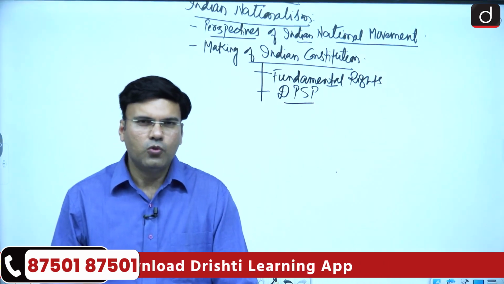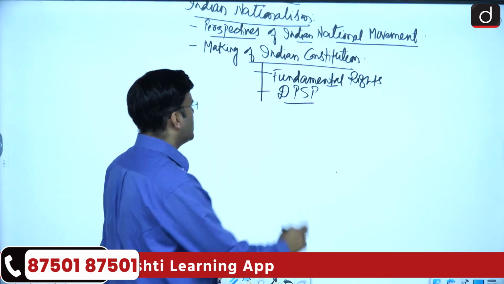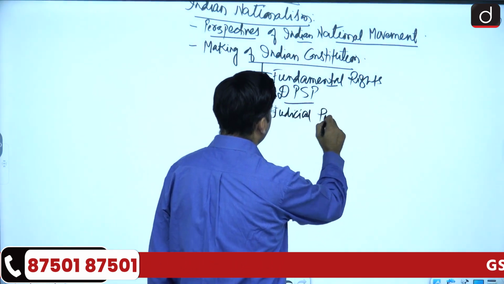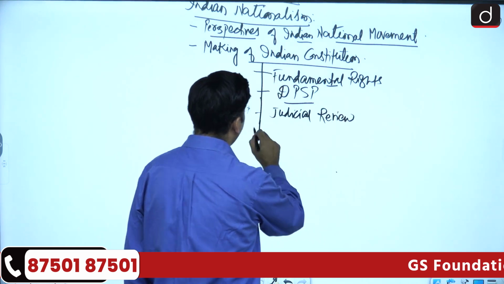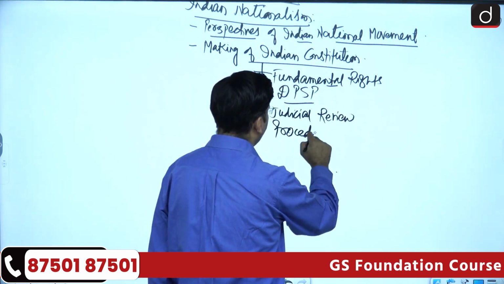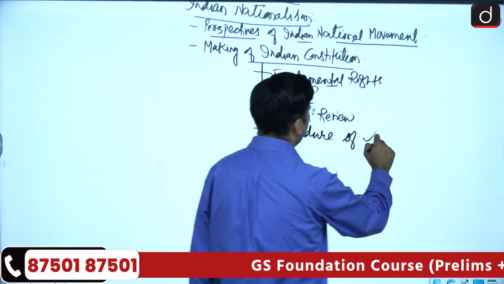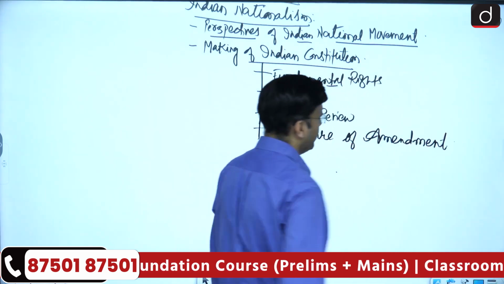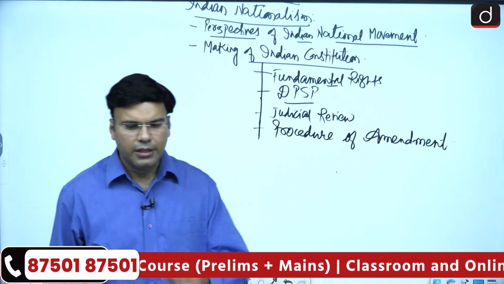And then you also have to focus upon some of the major themes like judicial review, the procedure of amendment to the Indian Constitution, all of them have to be dealt with in the syllabus.